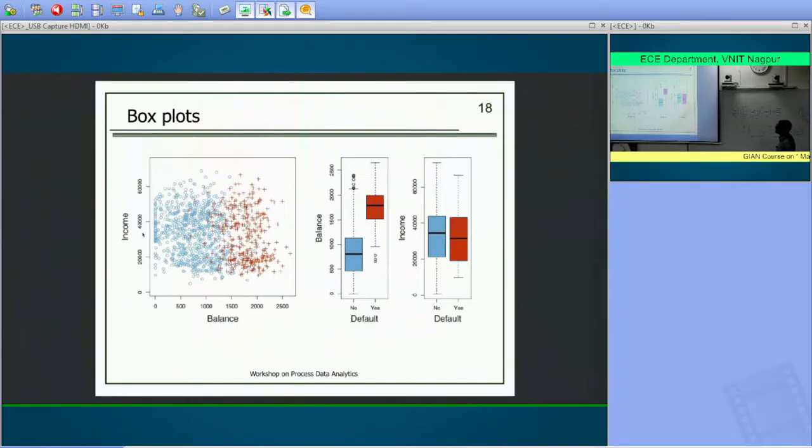The extreme right-hand box plot is for income. That's the credit card balance.